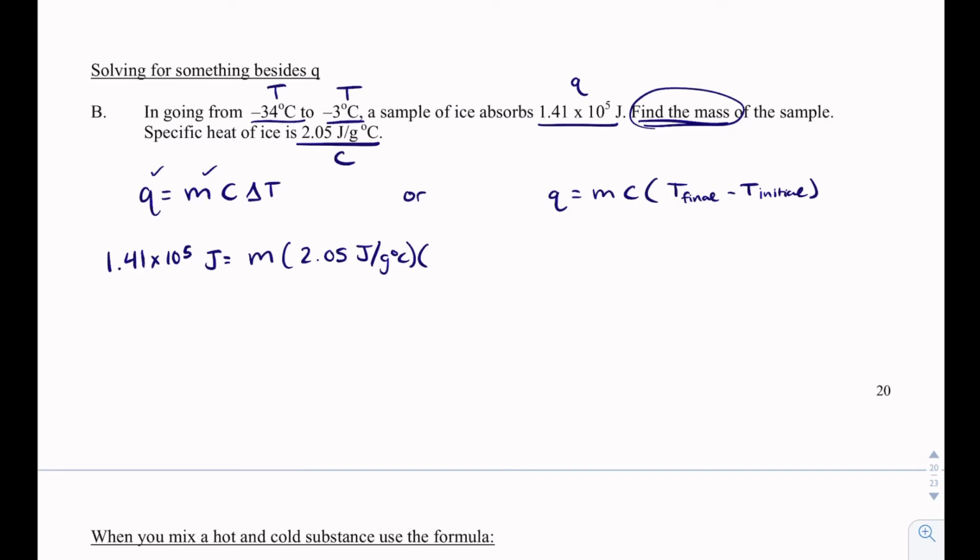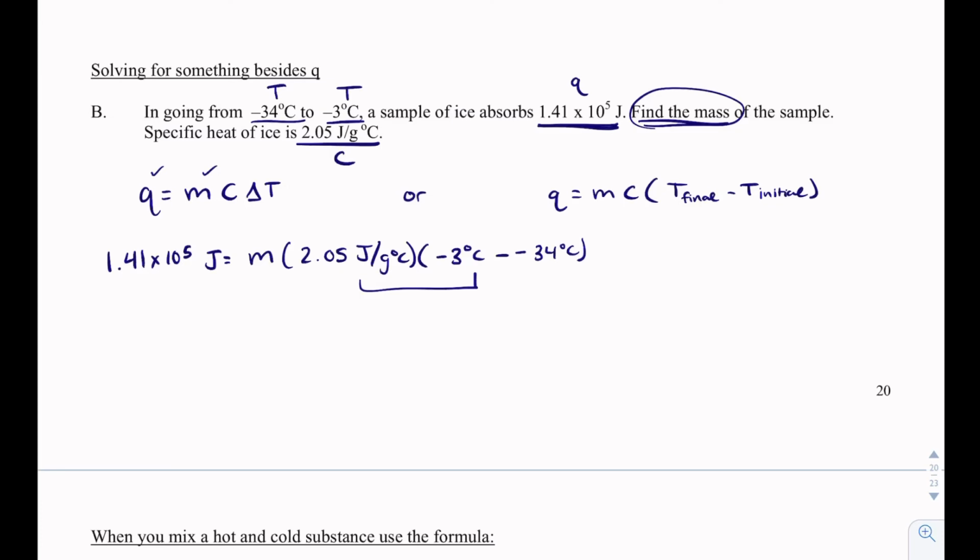And then with our temperatures, we've got to make sure we read it carefully and we know which one is which. Well, Q is positive, so I know I got warmer. So my final temperature is negative 3 degrees Celsius, and then my initial temperature is negative 34 degrees Celsius. I'm going to get both of these solved out right away.